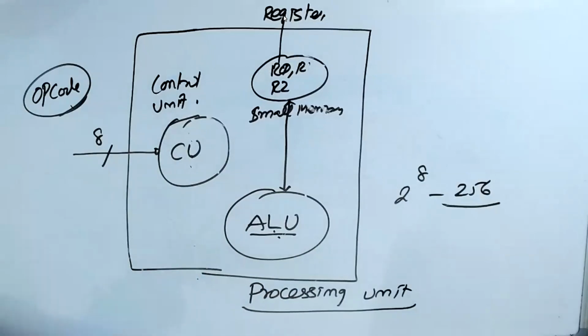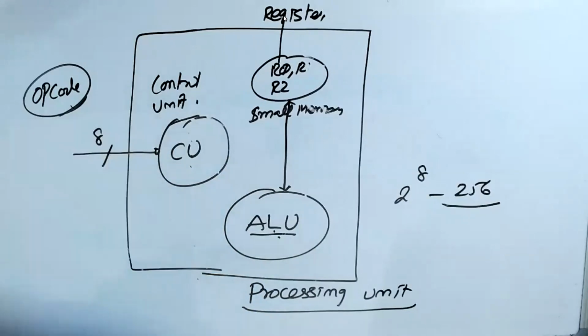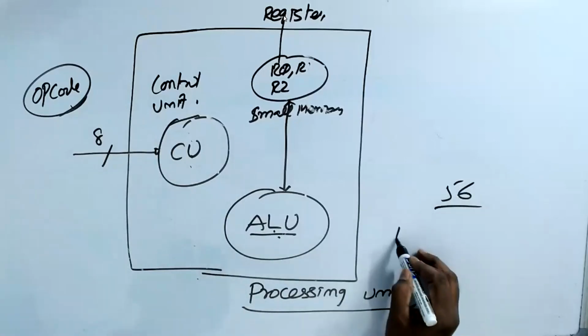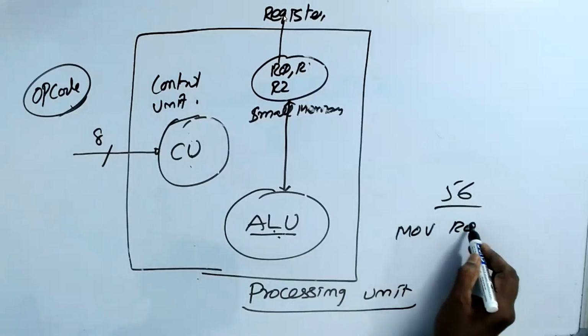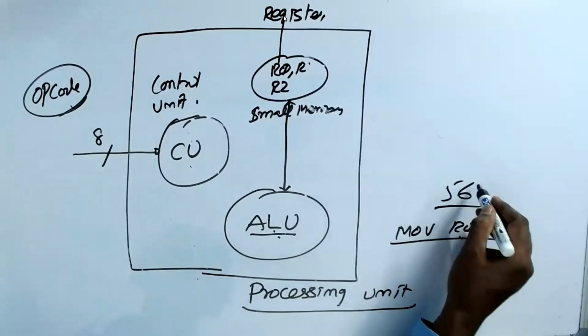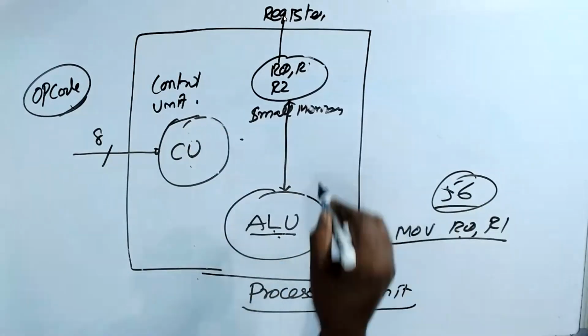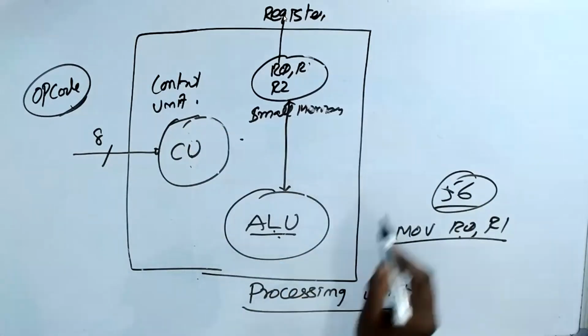Opcode is the one which tells the control unit what to do, but you don't understand. Opcode is a number. Do you understand what the 56 does? You don't understand. But if I say the same thing as move R0 to R1, you understand. So this is what you understand, and this is what the microprocessor understands. So the microprocessor manufacturer gives you the table.